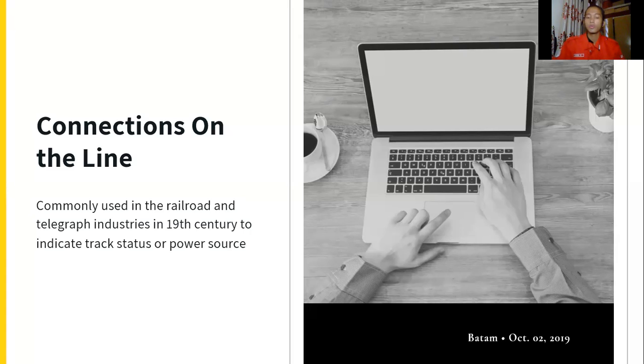The term online was used commonly in the railroad and telegraph industry in the 19th century, to indicate the track status of the railroad and the connected power source for telegraph, whether it's direct online or battery online.